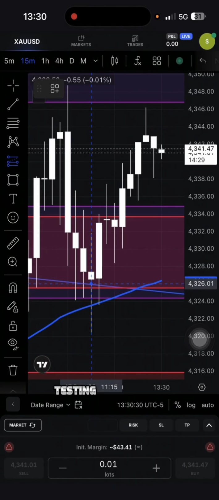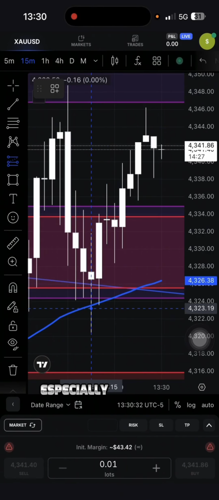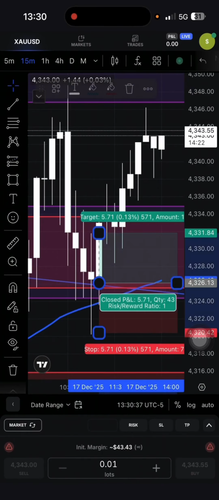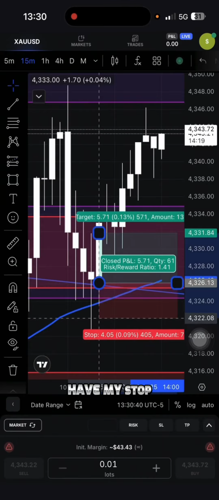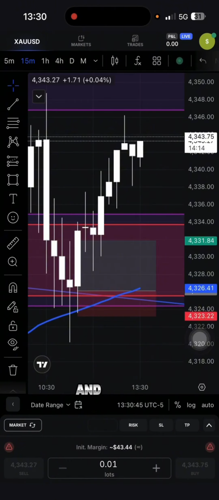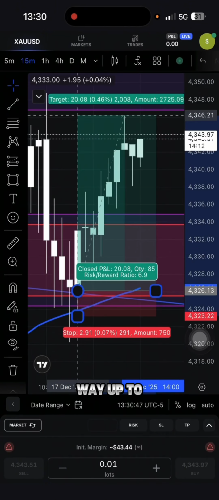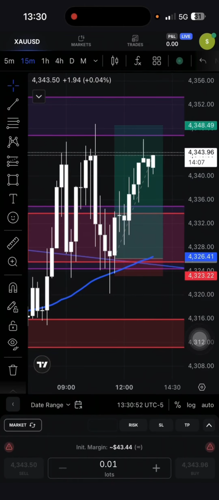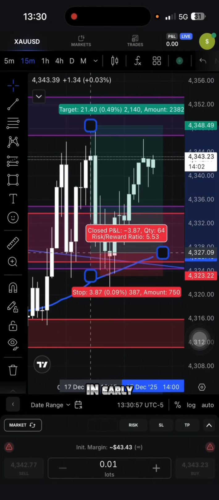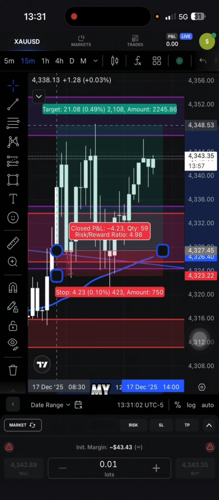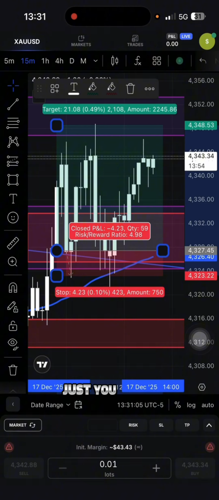If I would have seen it testing the trend line, especially after this candle, I probably would have gotten in right here and have my stop loss right here. And then I would have taken it all the way up to the zone. If I would have gotten in early, I would have just held it until it hit my TP.